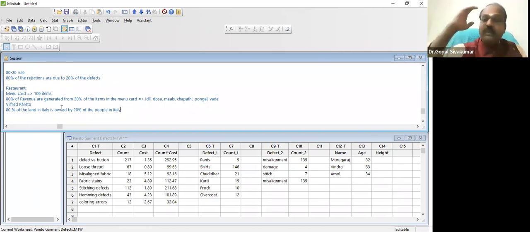So the first time he noticed this, and later on the understanding has become very popular, 80-20 rule, and people started calling it Pareto rule also.